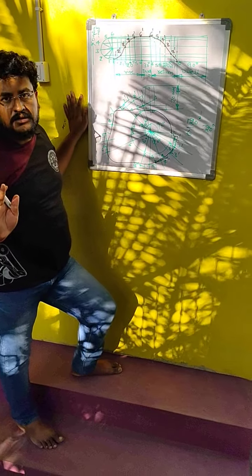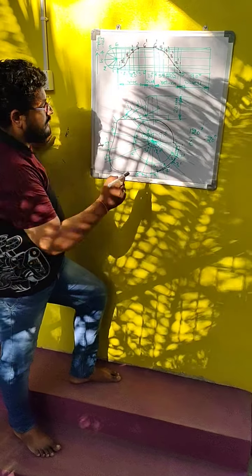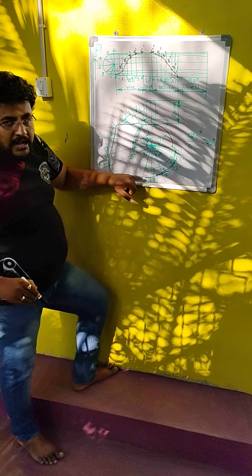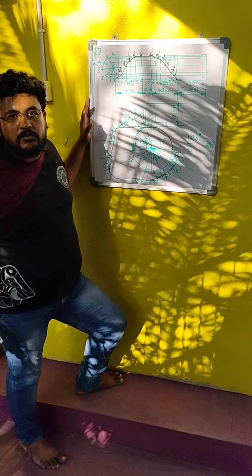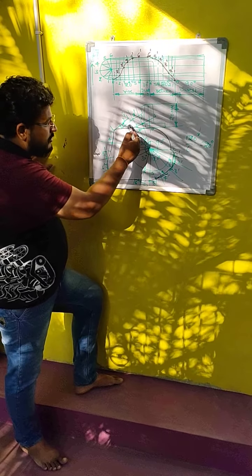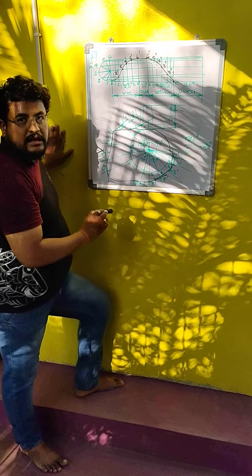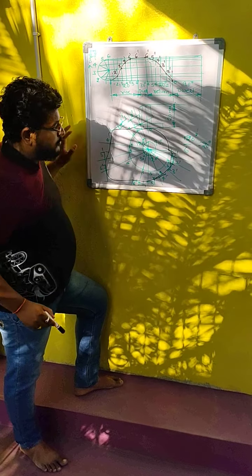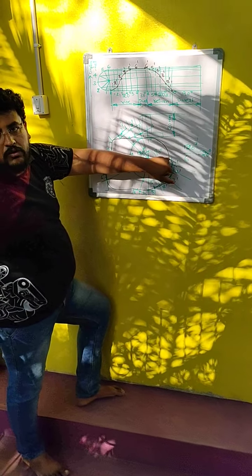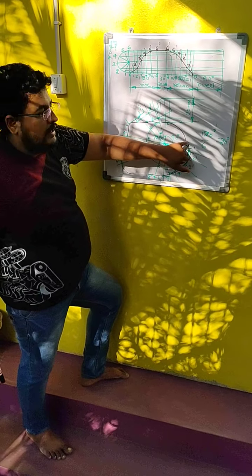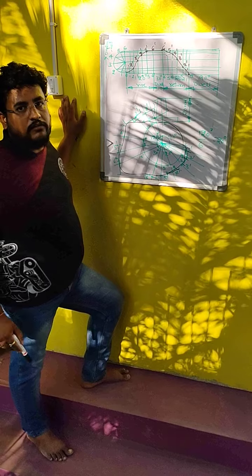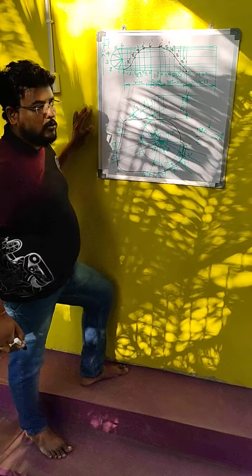Please underline this, of any length, and afterwards you have to join all the points tangential to all the flat faces. Tangential in the sense what? It should not enter into this line, it has to touch the points on the lines, and you have to join all these points starting from 0 to 0 here, and the remaining portion will be a circle, no? Just dot that circle also. Therefore, the complete cam profile will be obtained.